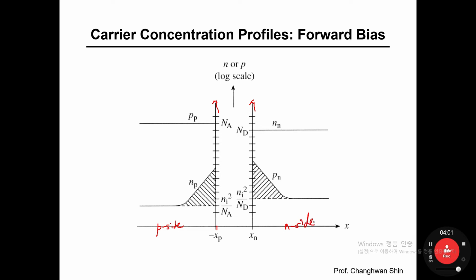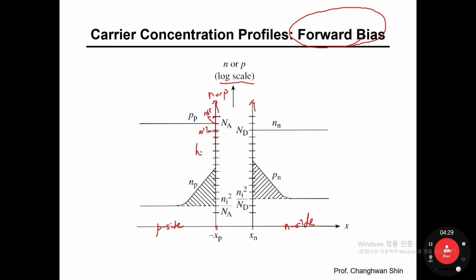The y-axis indicates electron concentration or hole concentration, definitely in log scale. So this one small line indicates, say, 10 to the 18, then the second one is 10 to the 17, and so on.